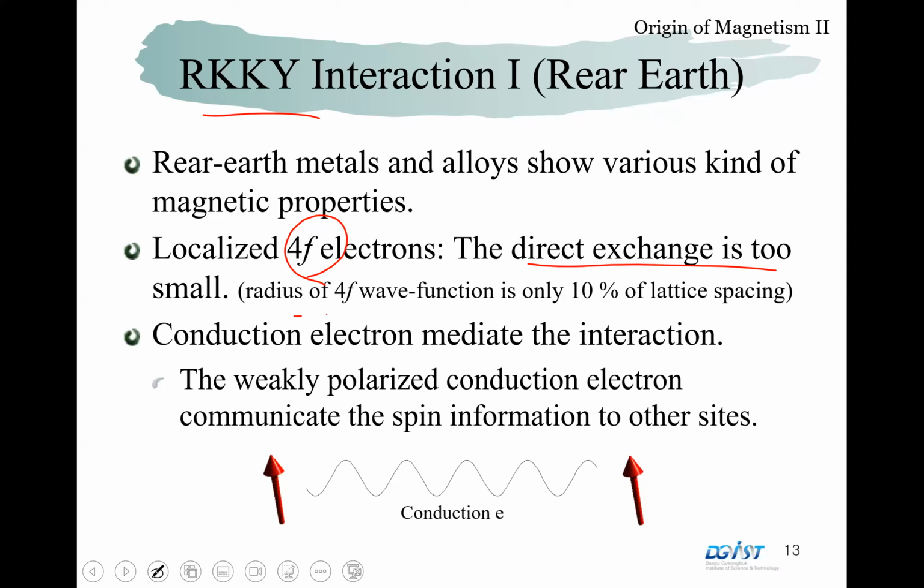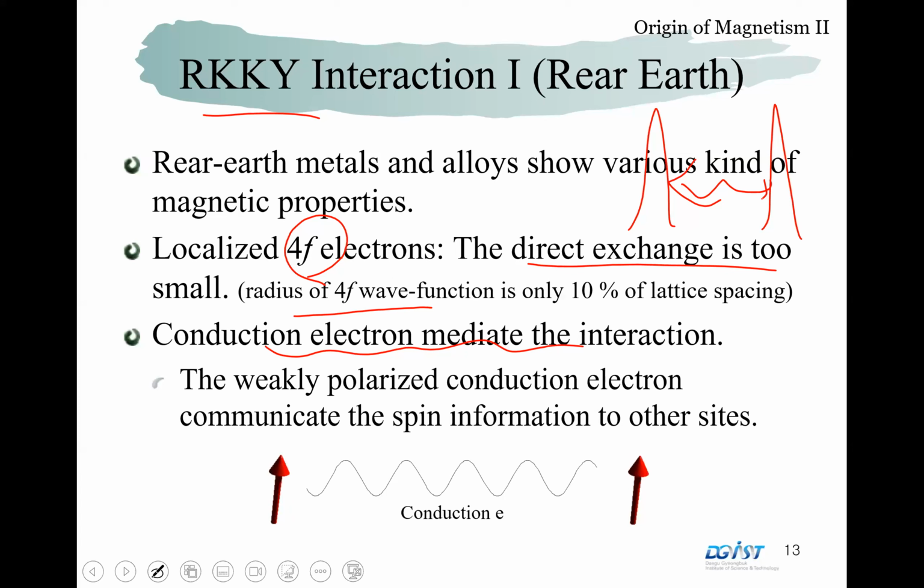Here, the radius of the 4f wave function is only 10% of the lattice spacing. So they are very well localized, the f electrons. So people found the conduction electrons mediate the interaction between these two spins. So the conduction electron, usually this is an s electron, is also polarized, meaning they prefer a certain direction of the spins.